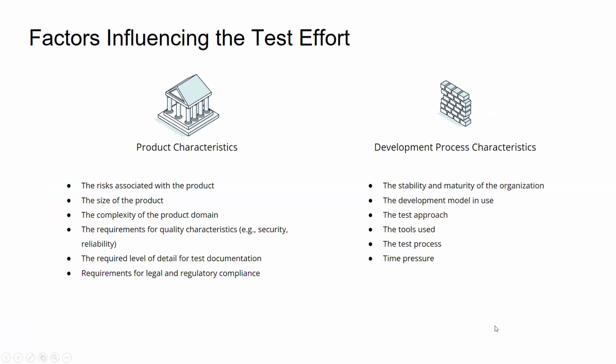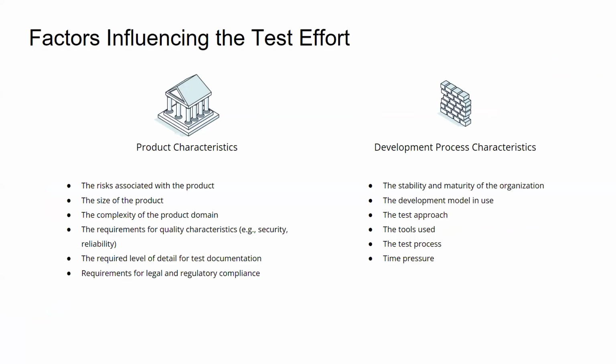So the next one is factors influencing test effort. These are some of the things that will determine how much effort will be taken for our testing. One is the product characteristic. What are the risks associated with the product? If it's a basic web-based application, there is less risk if something goes wrong.